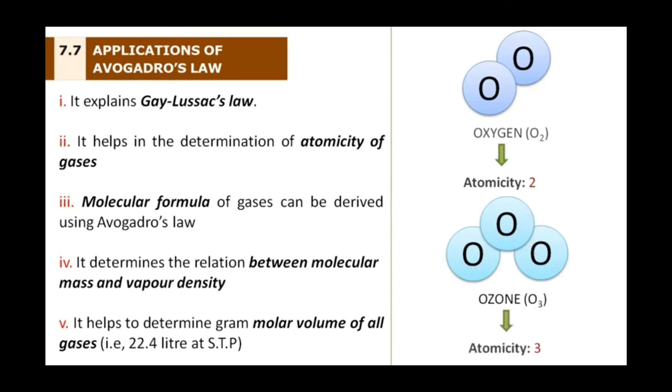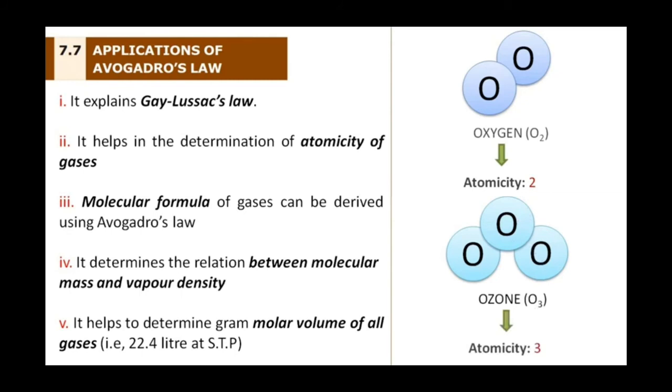What is atomicity? Number of atoms present in a molecule. For example, what is the atomicity of oxygen molecule O2? Its atomicity is 2. What is the atomicity of ozone molecule O3? Yes, its atomicity is 3.